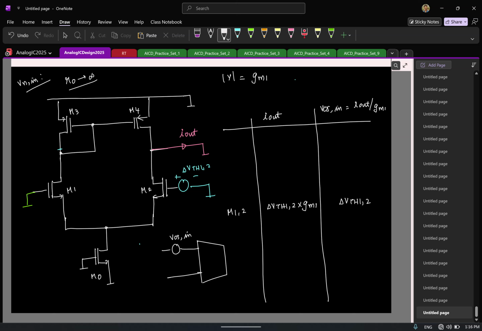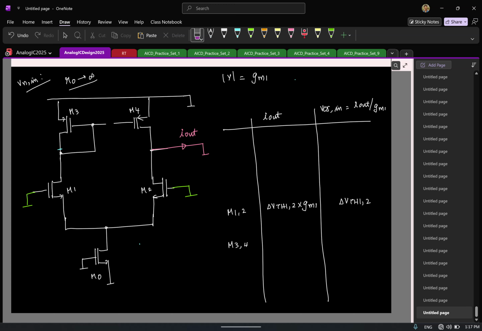Just like for noise, how the noise of the input transistors directly got added to the overall expression, here also the threshold voltage mismatch for these two transistors will directly get added to your overall input referred offset. So that leaves us only with M3, M4. Let me erase this because we have accounted for it.